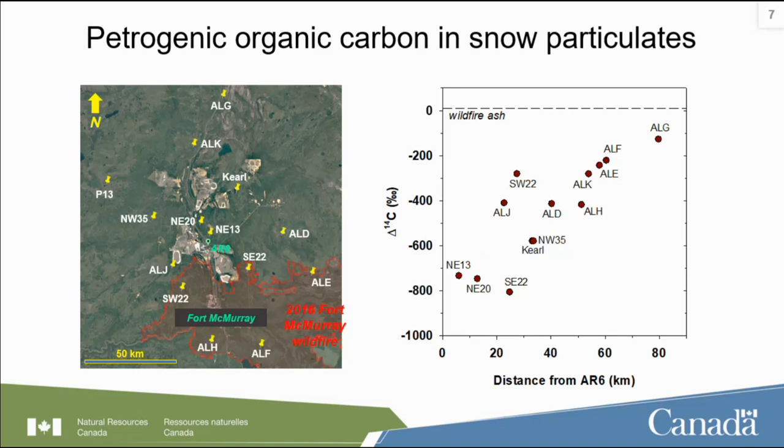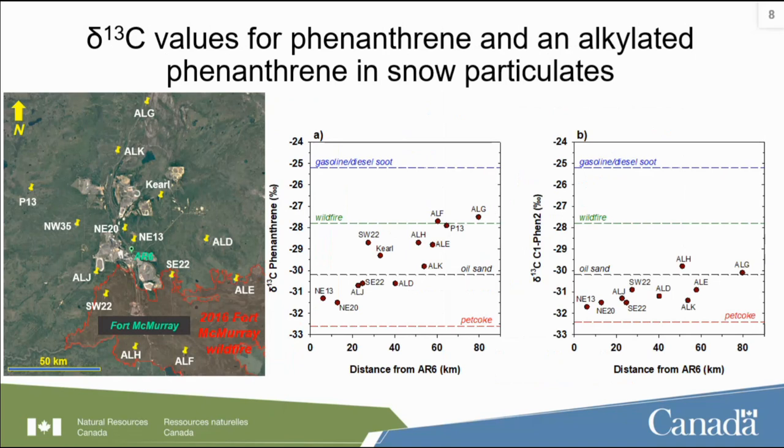That gives you an indication that you're seeing quite a lot of petrogenic carbon, oil sands carbon, in the near lakes. If you go to the carbon-13 of phenanthrene, you see the same thing. These are 2 different phenanthrene molecules, and you see the same thing with distance from the center of the oil sands.